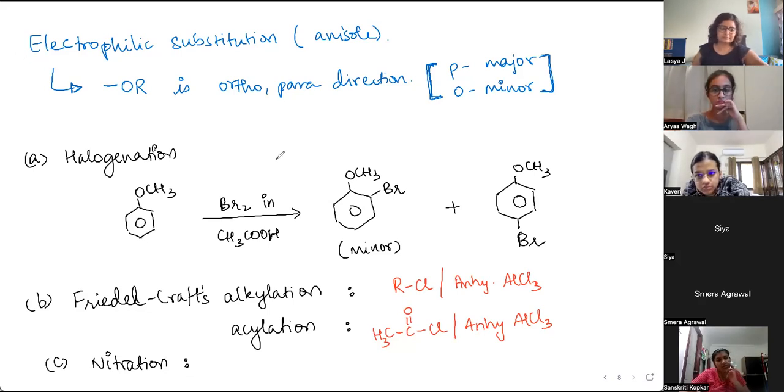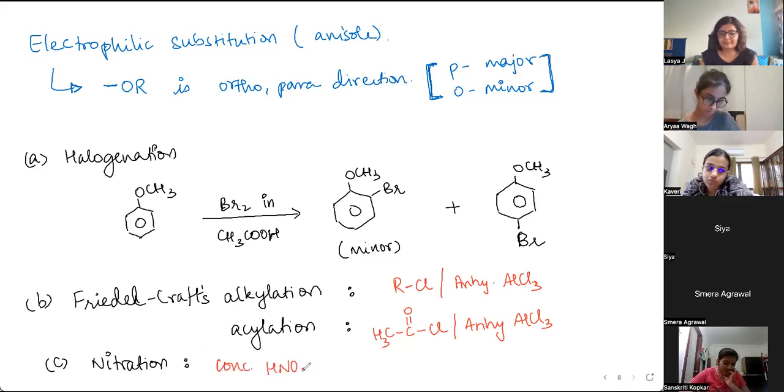Nitration के लिए what do you use? HNO3 and the other one was H2SO4. Absolutely. So concentrated HNO3 in the presence of concentrated H2SO4. So H2SO4 is required to produce the nitro group, and the nitro group goes and gets itself attached here.